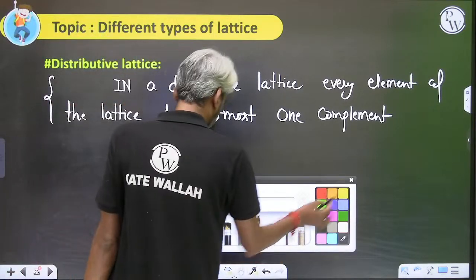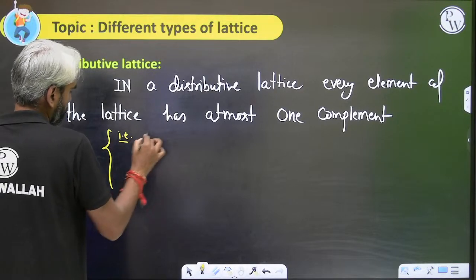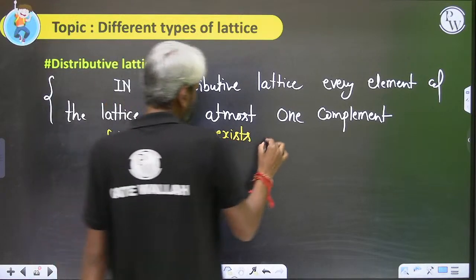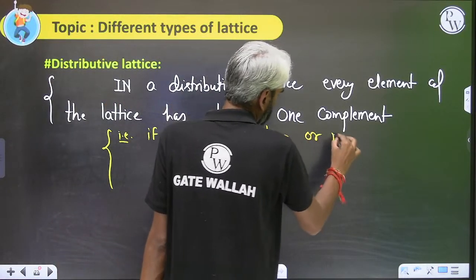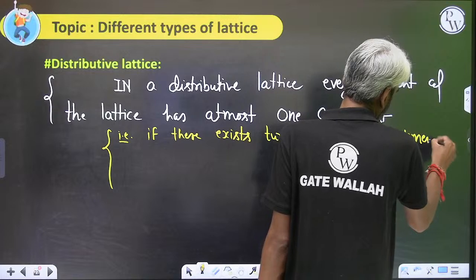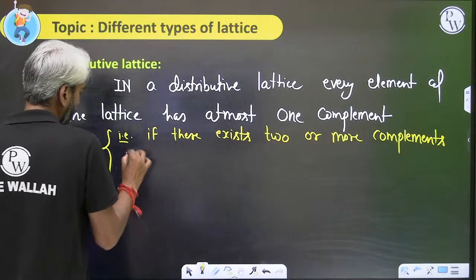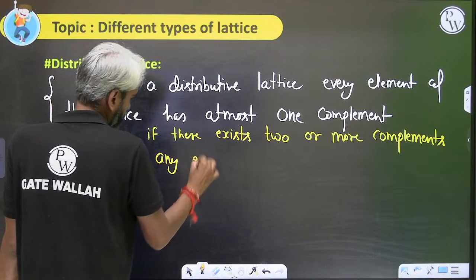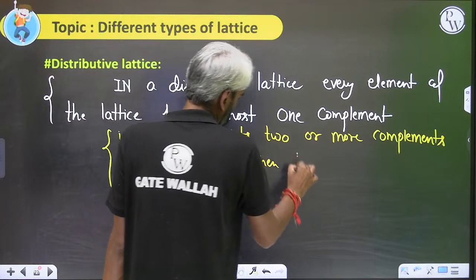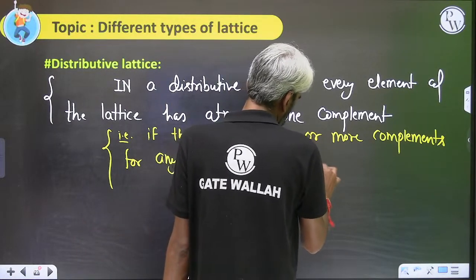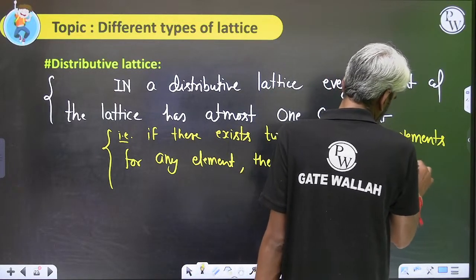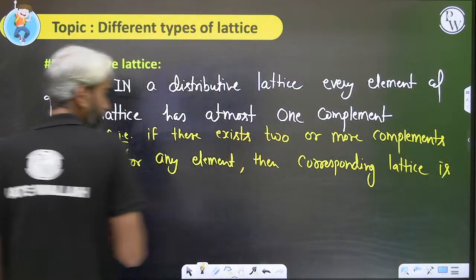So, in other words, if there exist two or more complements for any element, then the corresponding lattice is not a distributive lattice.